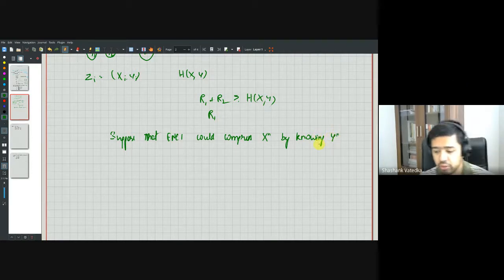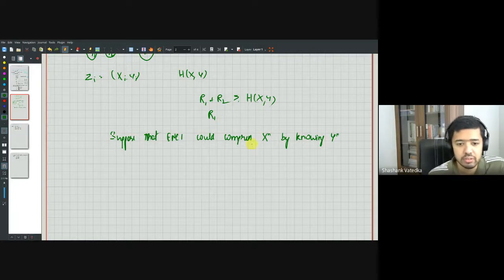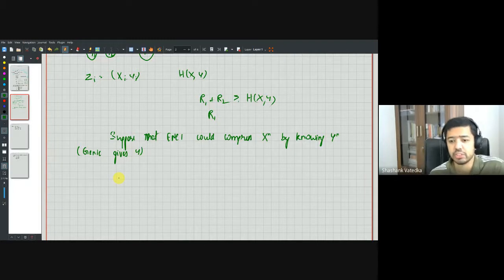It somehow got this side information about yn, so this is extra knowledge. So we'll assume that some genie gives you yn. There is some genie which is telling encoder 1, hey, this is yn. Now you can compress xn based on this.